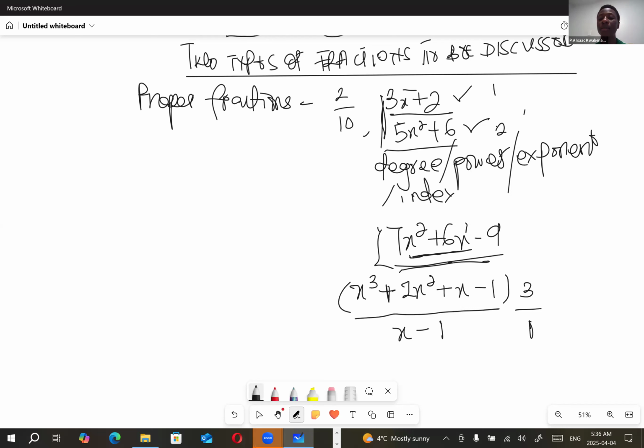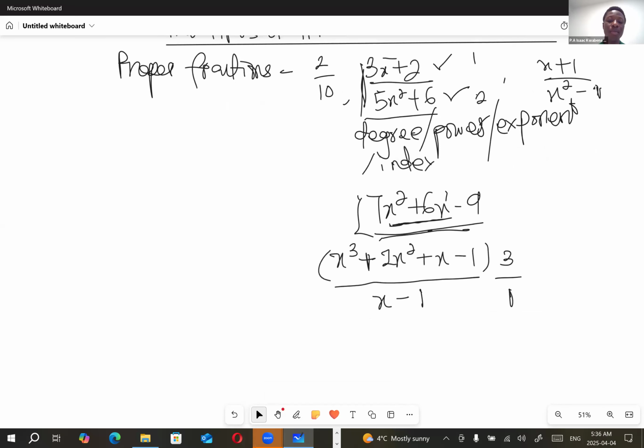So you can have x plus 1 over x squared minus 1. This is proper. Okay? Right. So that is it. Thank you. Then we look at improper fraction.